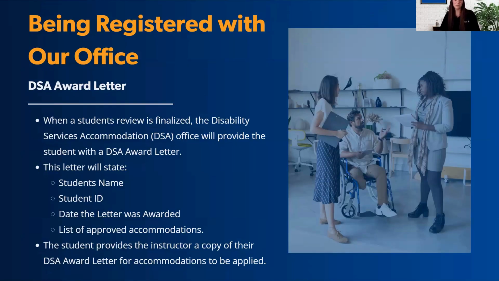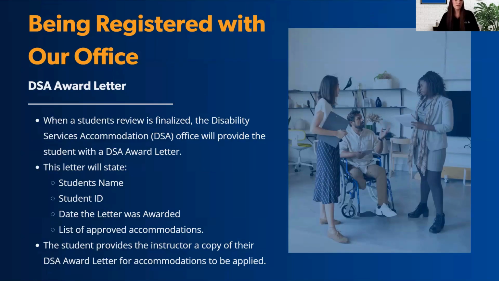You should also know that a student's DSA award letter generally remains valid for as long as they are actively enrolled as a student at APU or AMU. In most cases, students don't need to reapply for accommodations every session or submit new documentation repeatedly once they have been approved.